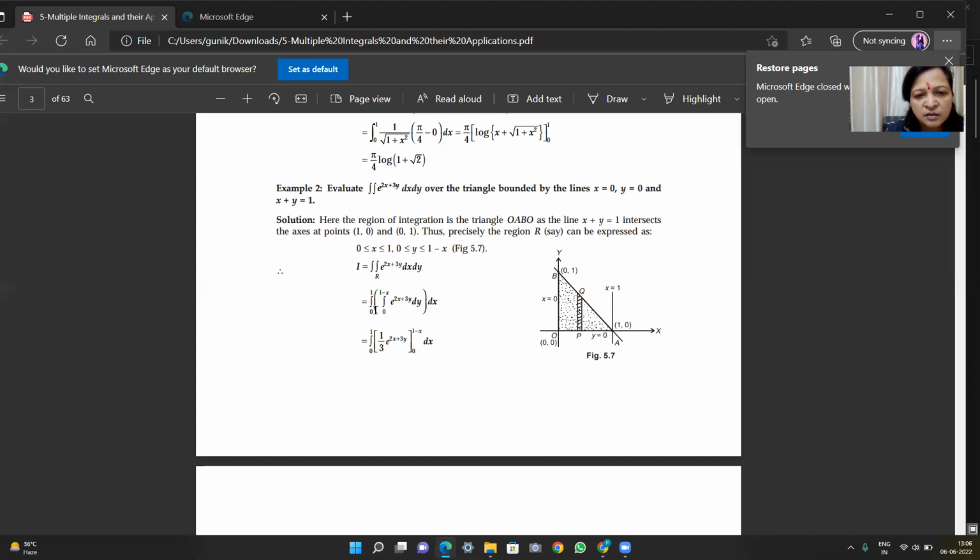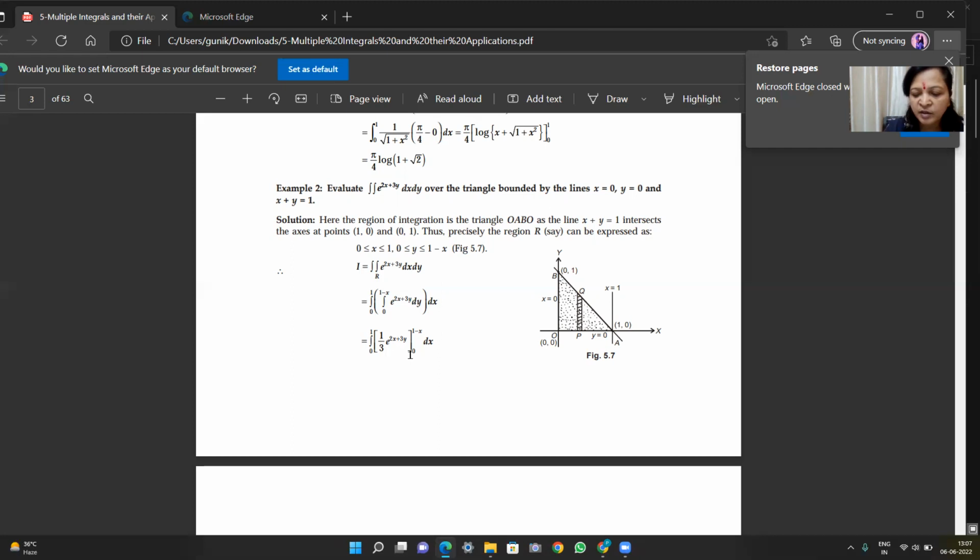So this becomes integral 0 to 1 minus x e की power 2x plus 3y dy. और जो x की limit है, x की value 0 से 1 vary कर रही, तो x की limit आपकी 0 से 1 हो जाएगी. तो first we integrate partially with respect to y. e की power 2x as it is रहेगा. e की power 3y को integrate किया तो e की power 3y multiplied by 1 by 3.